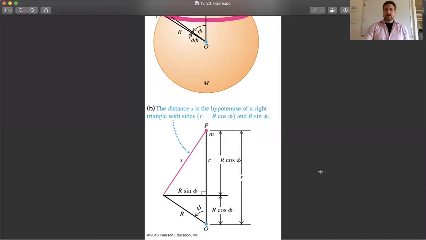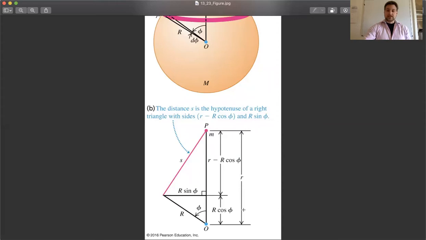We've got the center of the sphere, point O, and a radius away this little chunk of mass right on the edge of the sphere. The angle between the line from the center to point P and the line to this point here is phi. So this distance is hypotenuse times, okay, that's adjacent, so that's cosine: R cosine phi. This distance here is R sine phi.